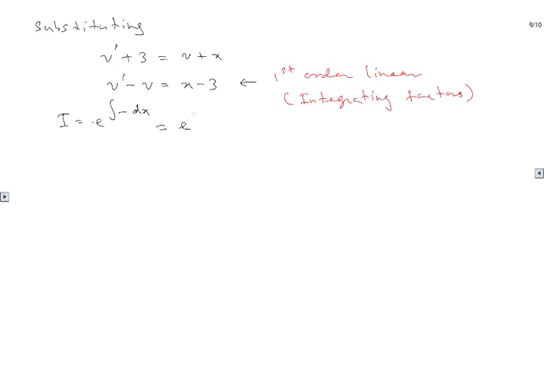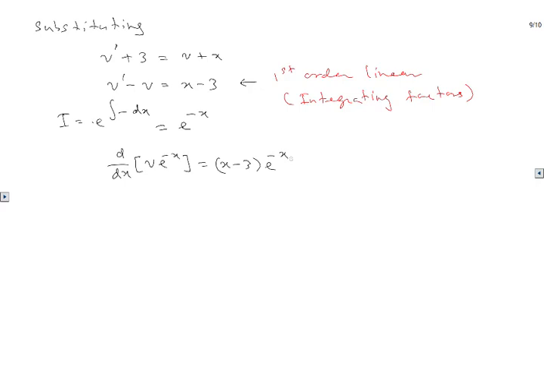That means e to the negative x. So that's the integrating factor. So that means this simply becomes d over dx of v times the integrating factor. On the other side, you're going to get x minus 3 times e to the negative x.